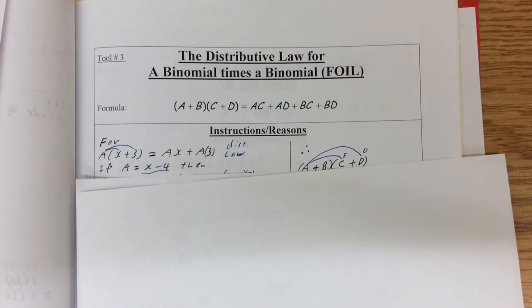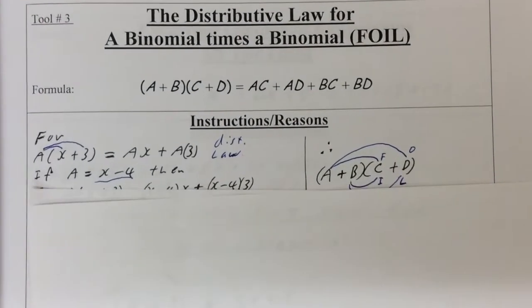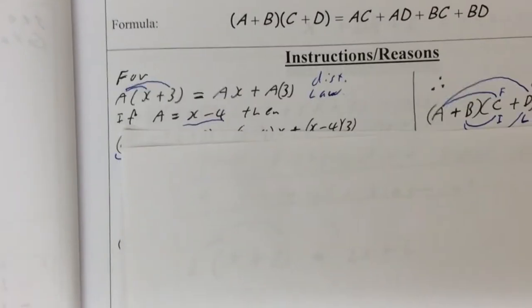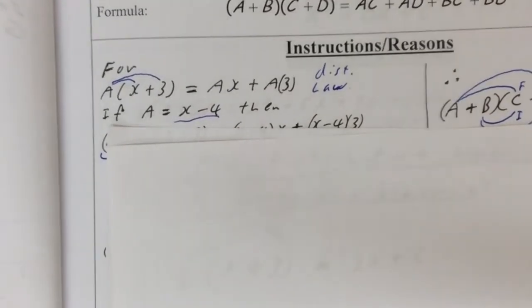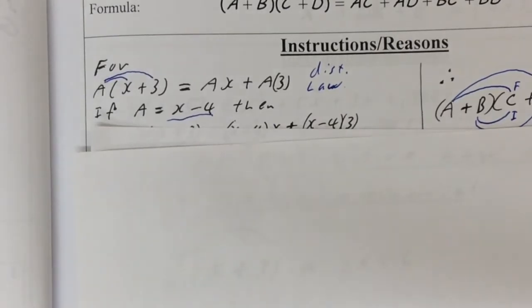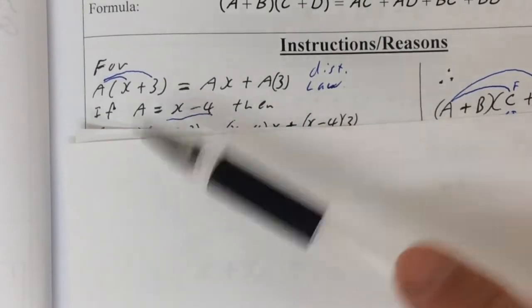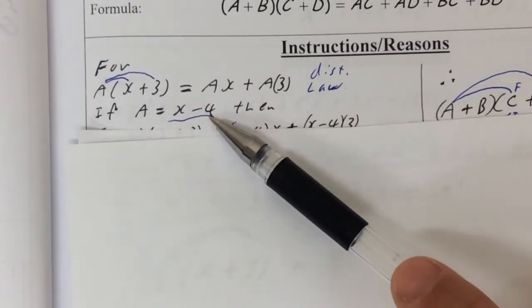So now that we have something like that, let me just make this bigger here. So a times (x plus 3) is ax plus a times 3. Let's replace the a with a binomial.